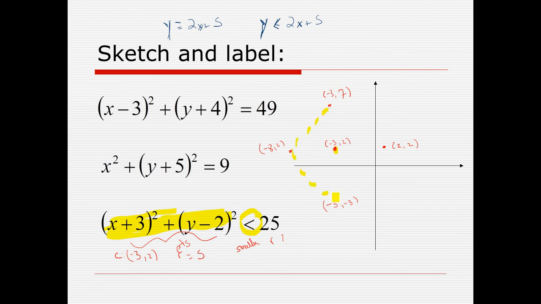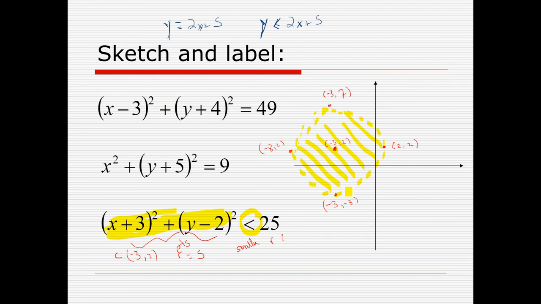Your circumference needs to be dashed, and you shade inside the circle, right? Just like you did with lines. Your line wasn't enclosed, so you would have to shade above or below it, right? With a circle, you have to shade inside or outside.